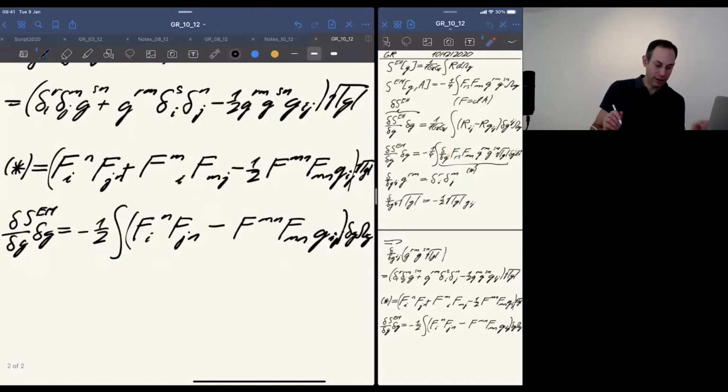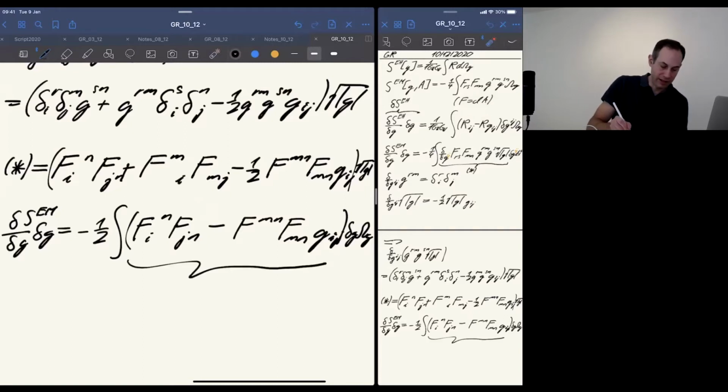Now I hope at least that this corresponds essentially to the electromagnetic field tensor Tij. So let's see, I think I mentioned that field tensor already last time. Let's see whether we had it somewhere.